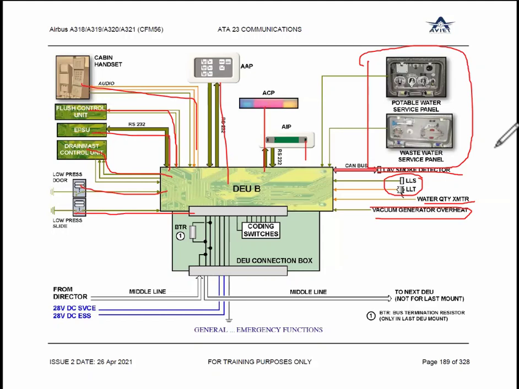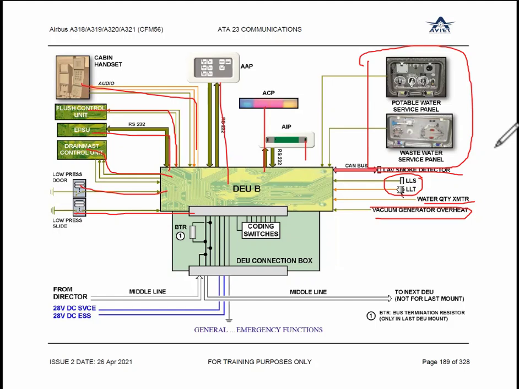But here, if the panel is open, cabin crew will know that the water service panel is open and the waste service panel is open. Why? Because they are monitored by micro switches. The micro switch will give the indication of whether the panel is open or closed. Clear? That is the only purpose. Simple thing.